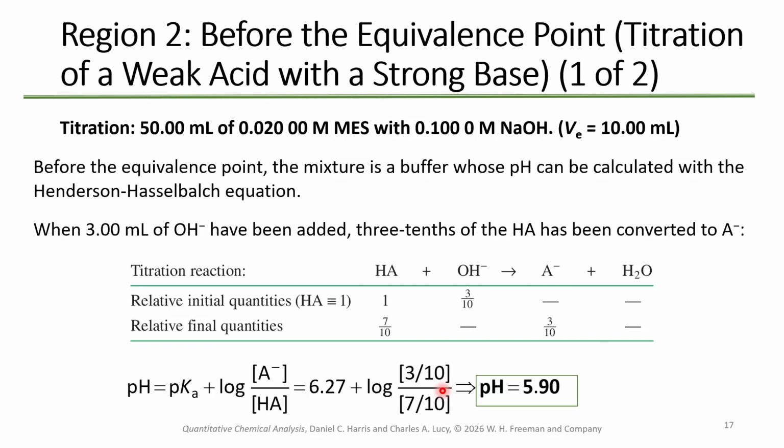Just oftentimes you'll find out that you'll end up calculating out the VE and you need the VE for something. And so you'll already have the VE. If you already have the VE, then you can just directly put in your number of milliliters and then subtract your number of milliliters from the VE. Okay? And so your math becomes much faster.